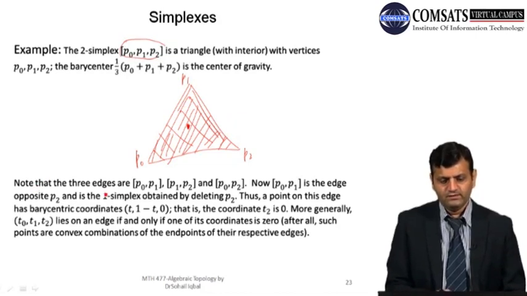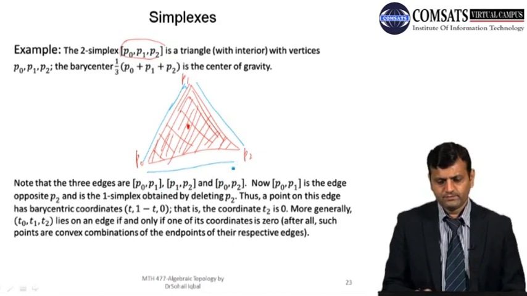Note the 3 edges: P0, P1 is the first edge, P1, P2 the second edge, and P0, P2. Now P0, P1 is the edge opposite to P2, and it is a 1-simplex.